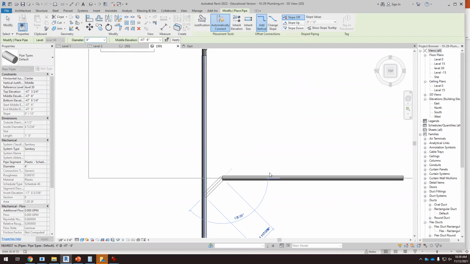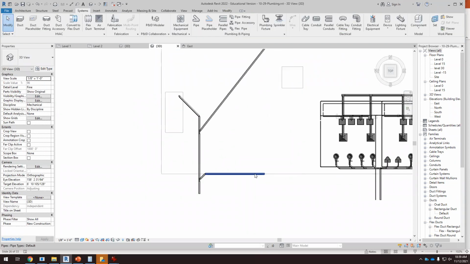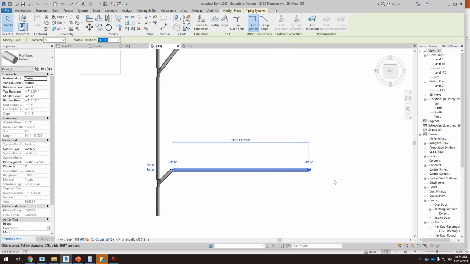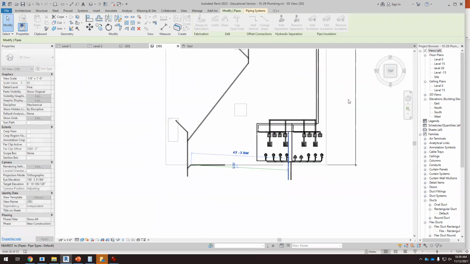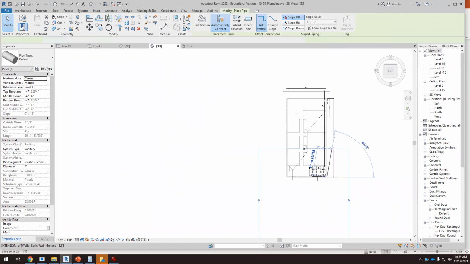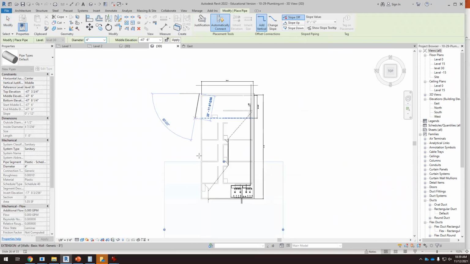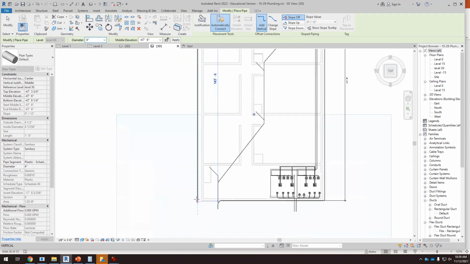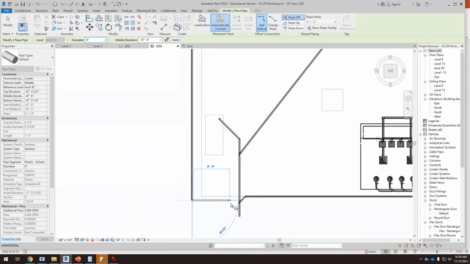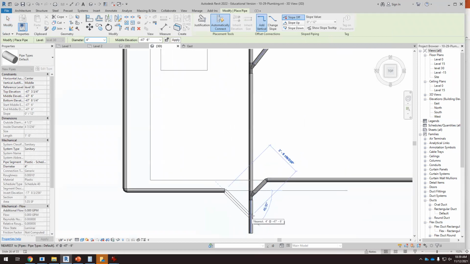Okay, I have created this pipe around the building, and then I have to extend this pipe here, then go up. And we need a slope.